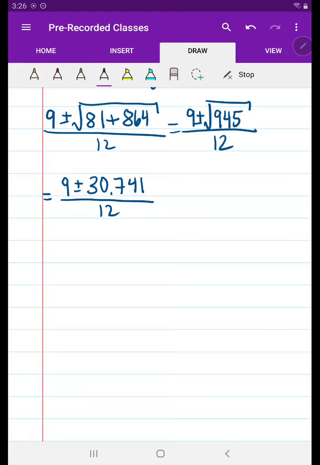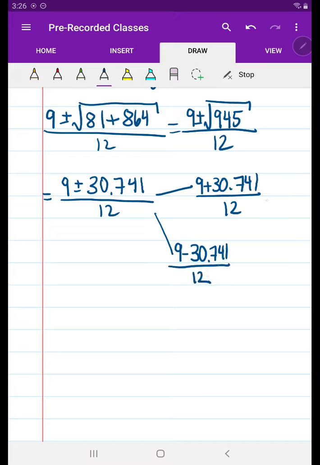So we've got to consider both pieces of this. We're going to have 9 plus 30.741 divided by 12. And then the other piece is 9 minus 30.741 divided by 12.